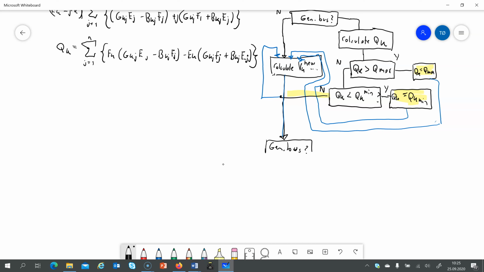Again, highlighting it, yes, we should correct it: V_K equals V_K specified divided by the magnitude of V_K, like this.